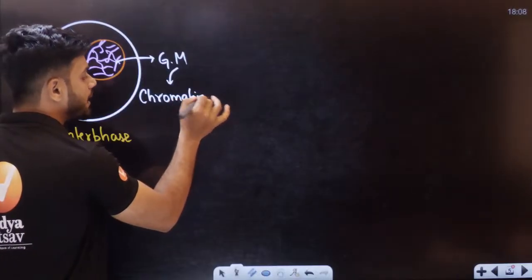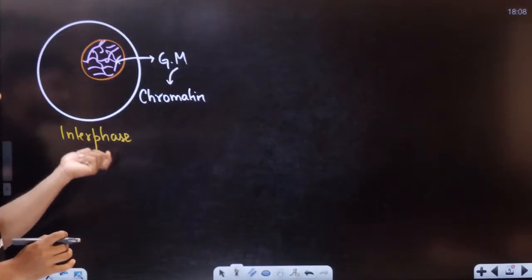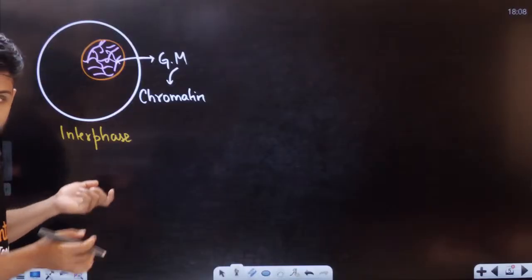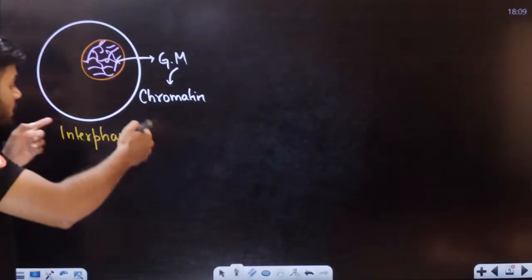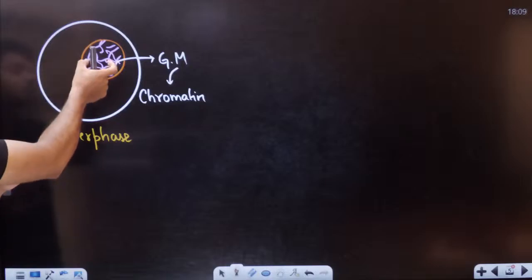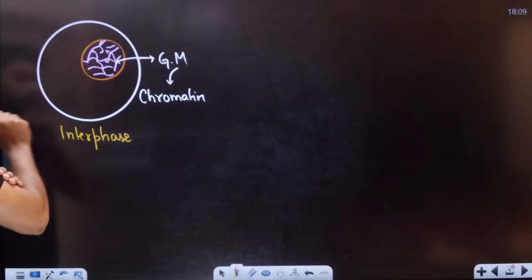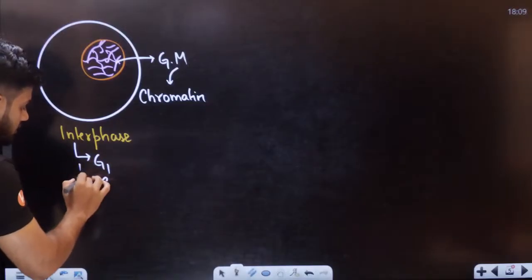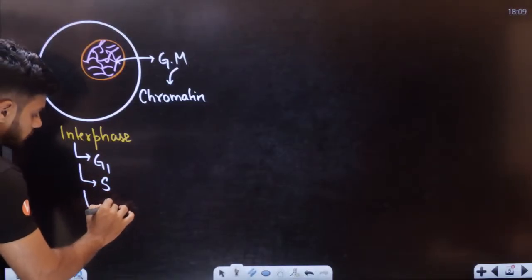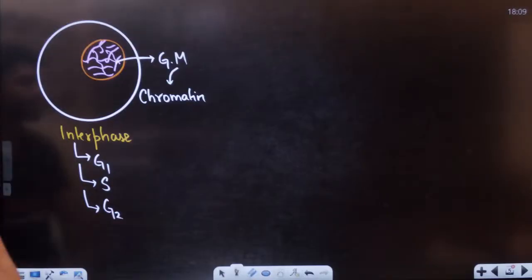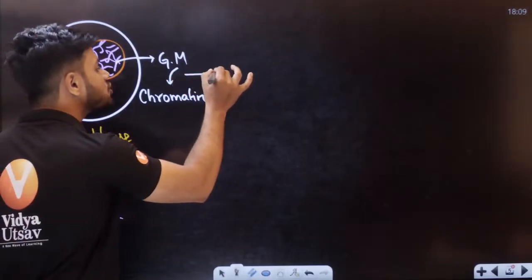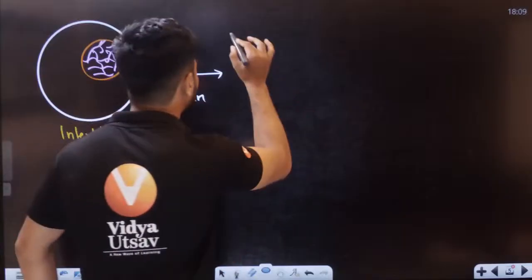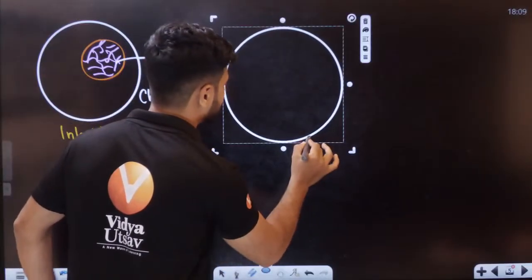So please remember, students, in the case of interphase, this is how the genetic material looks like. Now, in interphase, we have G1, S, and G2. After this, the next stage is going to be the entire prophase.